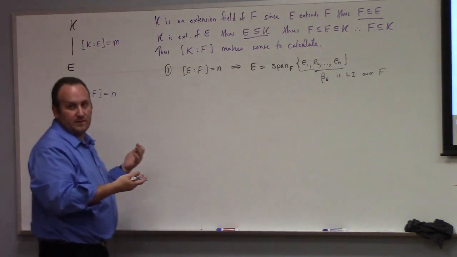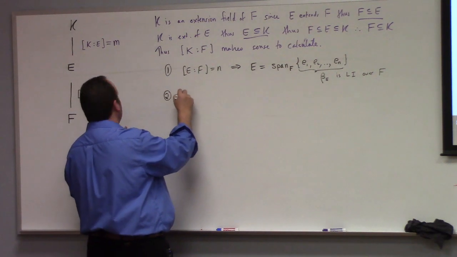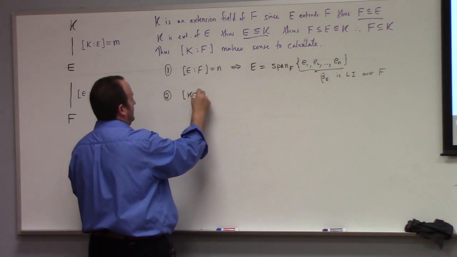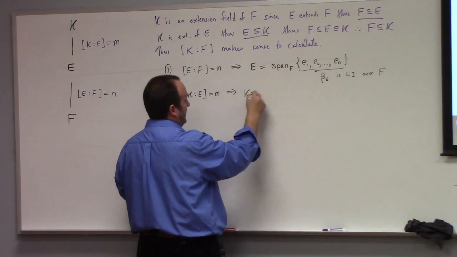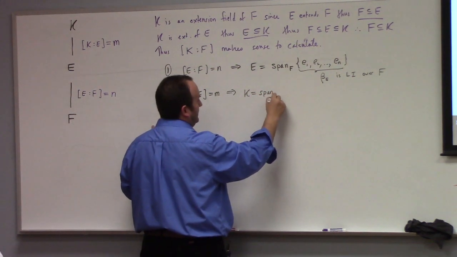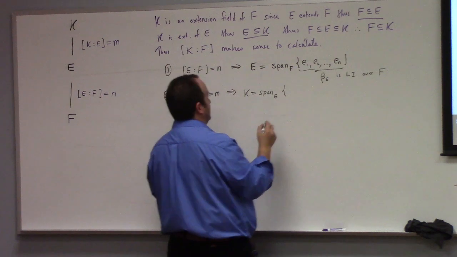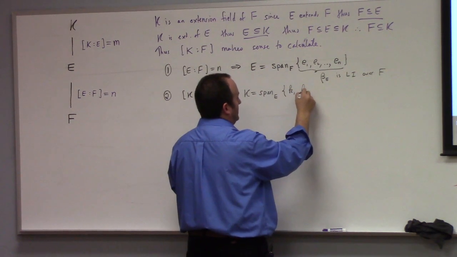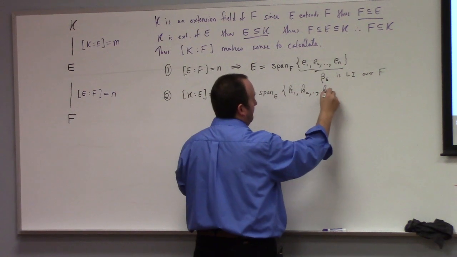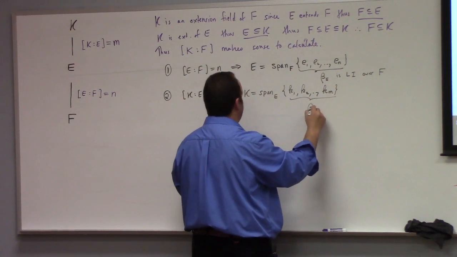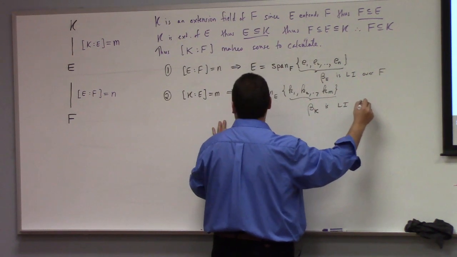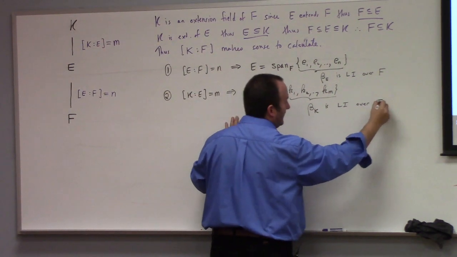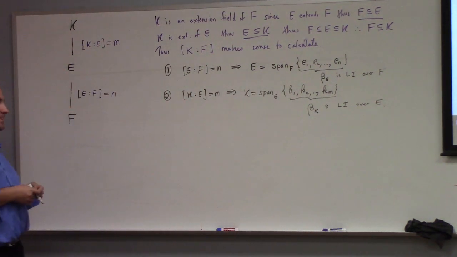It's a basis. Likewise, we know that K has dimension m over E, which implies that K is the span over E of, let's say, k1, k2, through km, and this beta sub K is linearly independent over E. So what do you guys think the basis is?